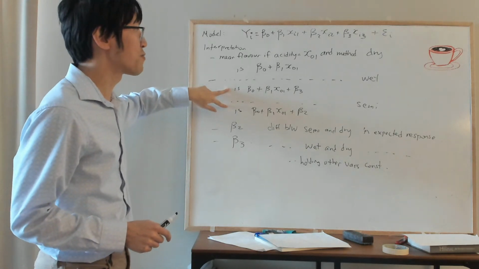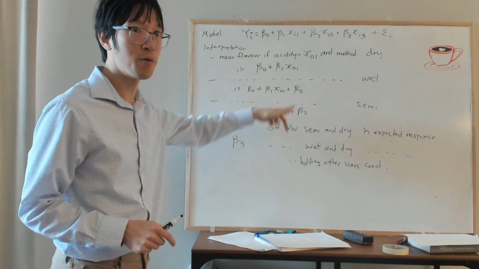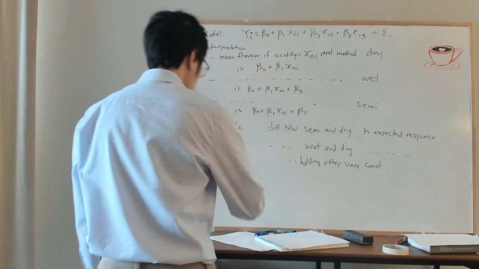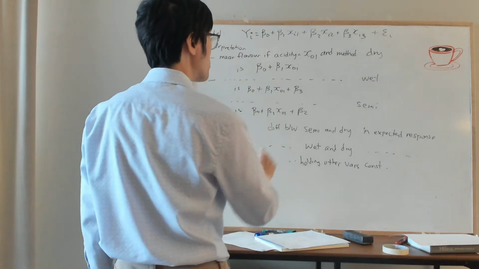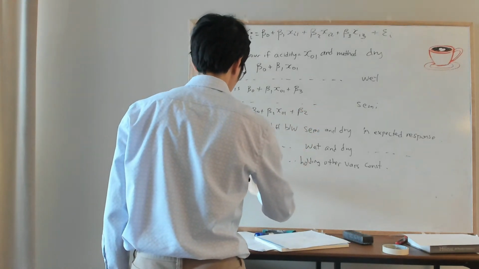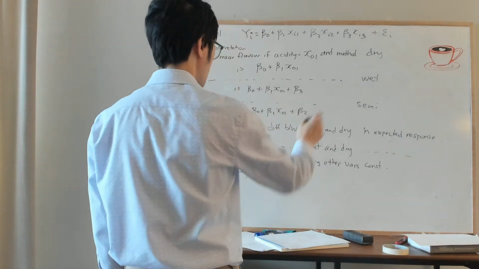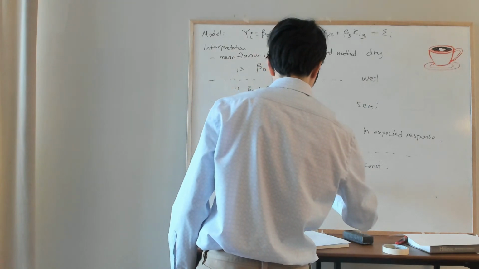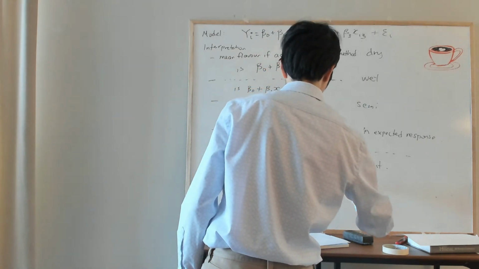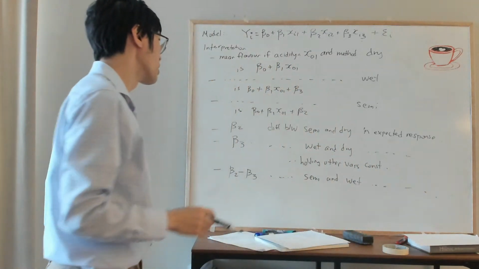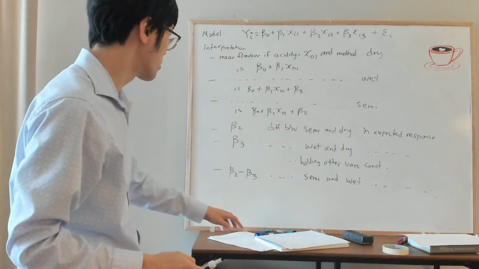So in fact, for that difference you need to use both beta 2 and beta 3 in the estimates to describe. Okay, and then so beta 2 minus beta 3 would be the difference between semi and wet, holding everything else constant for the expected response.